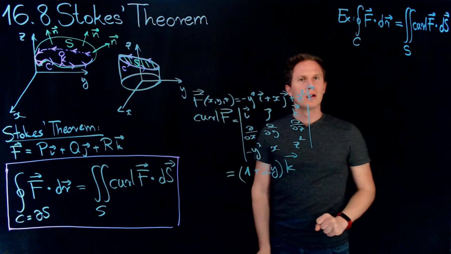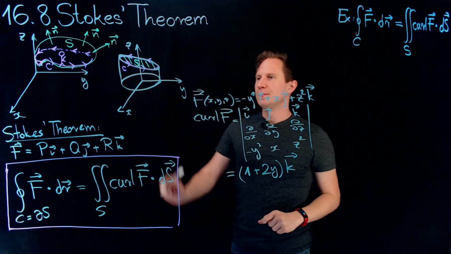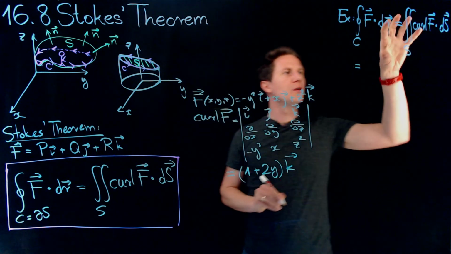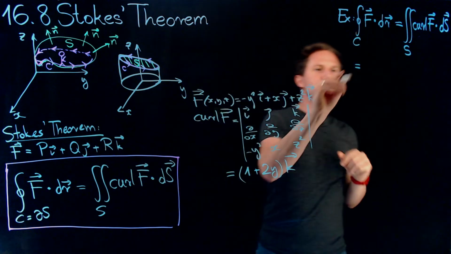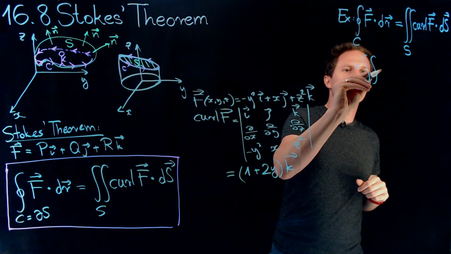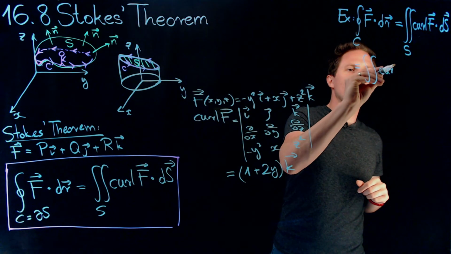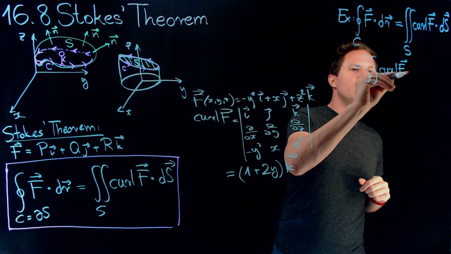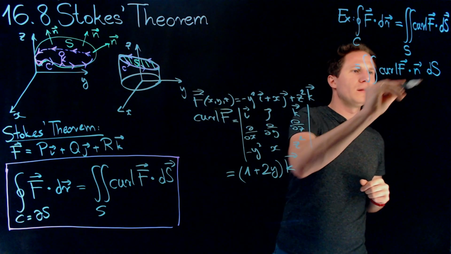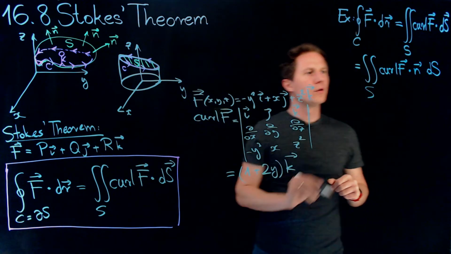So that's the curl. As for the normal vector, because remember what it means to evaluate this surface integral is we have to take the curl of f dotted with the normal vector, and then we evaluate that surface integral.